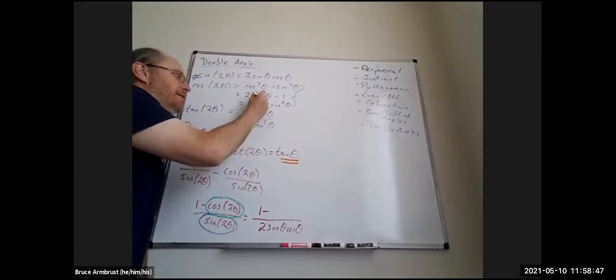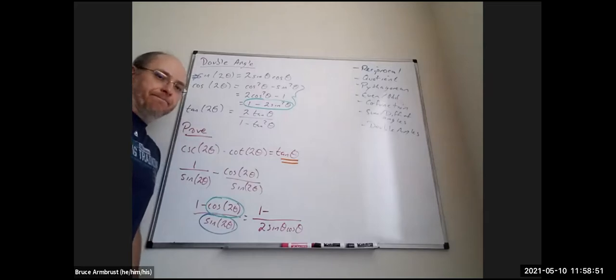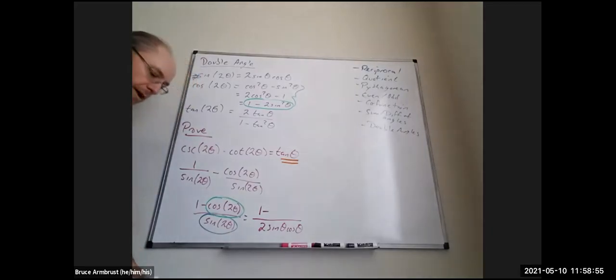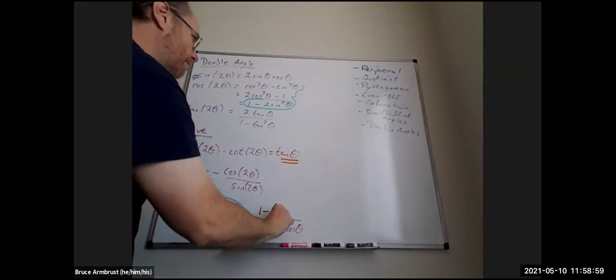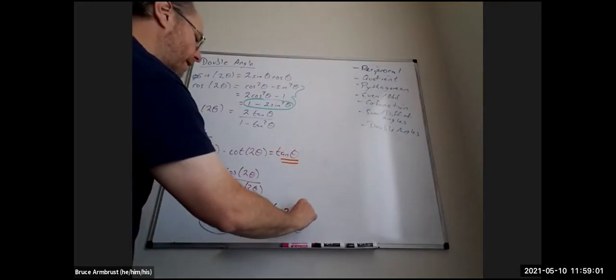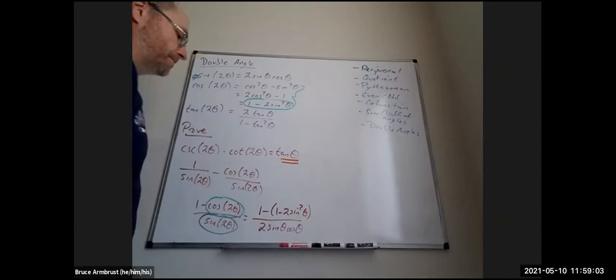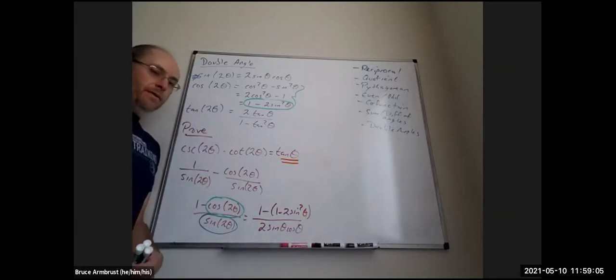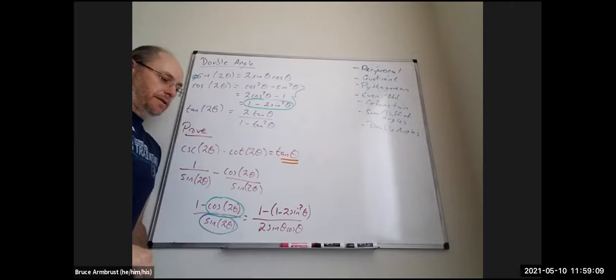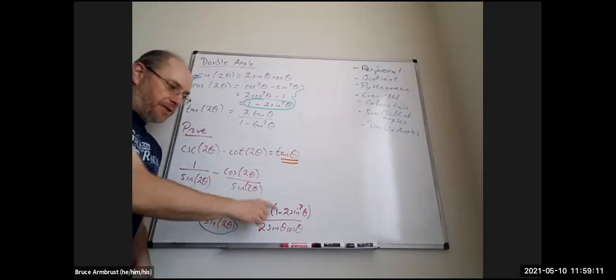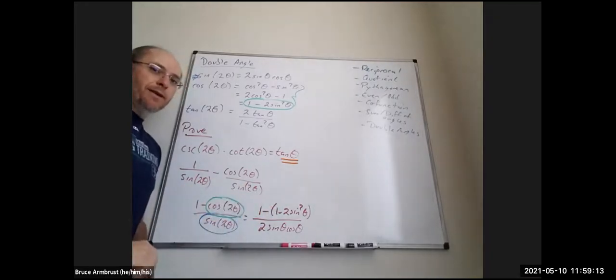I'm going to pick the one that has sines and no cosines. So I'm going to go ahead and put down in here 1 minus 2 sine squared. So I had options. I totally had options. But I chose this one because of where I'm going.